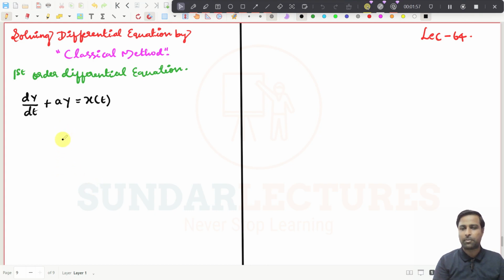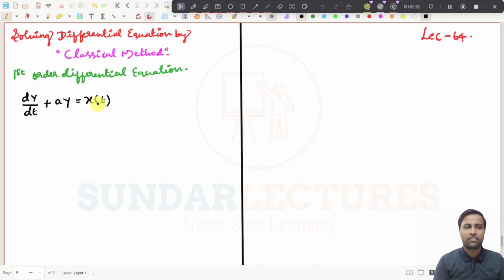I'm going to prove my expressions, not tell you directly. For solving differential equations, I need to give you proofs. That is what I'm going to do in this lecture. We will go for first order differential equations, and then second order differential equations in my future lectures.